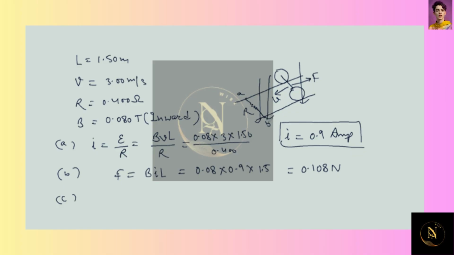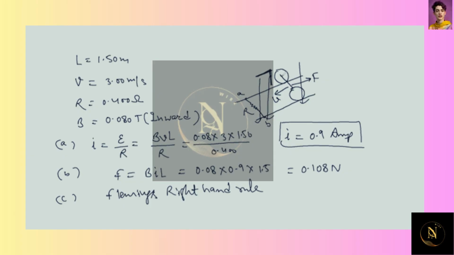Now, in the third part of the problem, we have to find which end of this resistance will be at higher potential. For this purpose, we use Fleming's right hand rule, according to which if we stretch the thumb, the index finger and the middle finger of a right hand perpendicular to each other, such that the thumb points in the direction of motion of the conductor, the index finger points in the direction of magnetic field, means downward, then the middle finger gives the direction of current induced in the conductor.